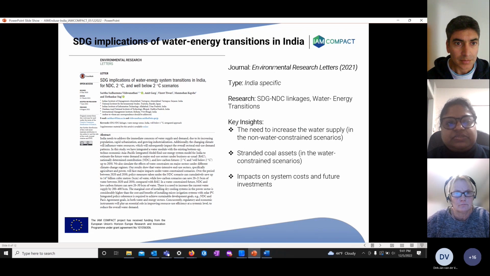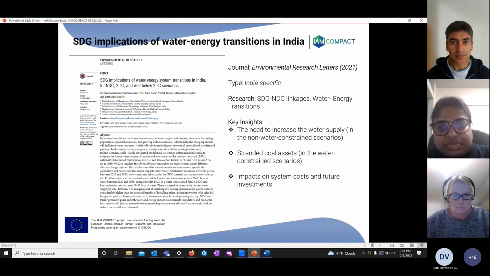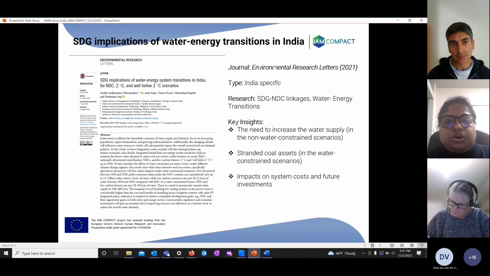Here, the key insights were there's a need to increase the water supply when we do non-water constraint scenarios, and we also did constrained scenarios and looked at the energy systems and how it impacts the energy systems. In the water constraint scenarios, we found that there would be stranded coal assets.